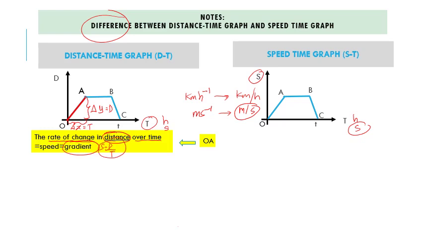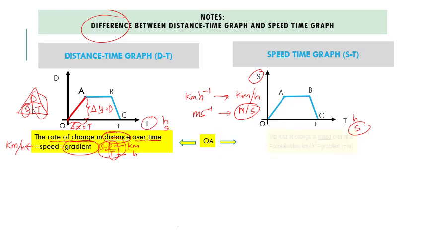For distance time graph, you can use this one, S = d over t. So S meaning distance over time. And that's why you get your speed. The unit is, because this distance is kilometer, time is hour, so you get your unit kilometer per hour.